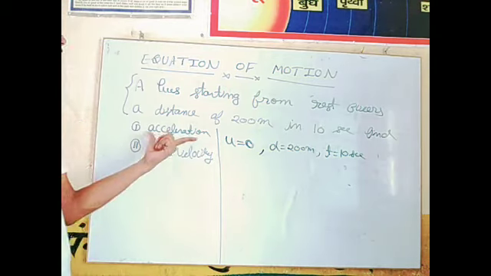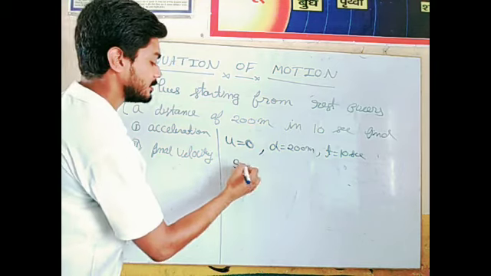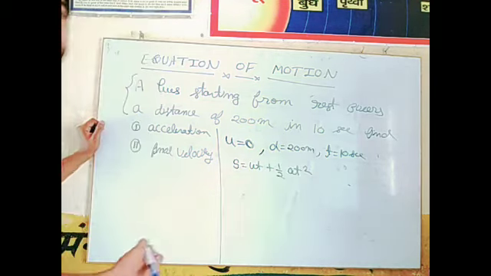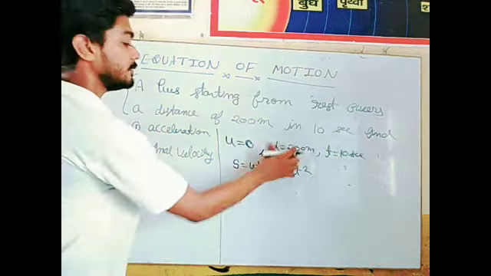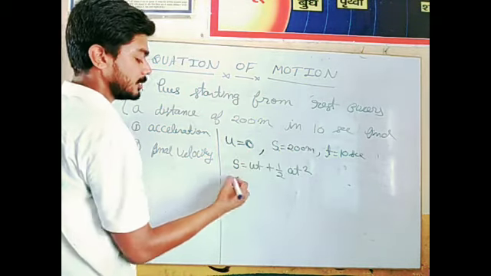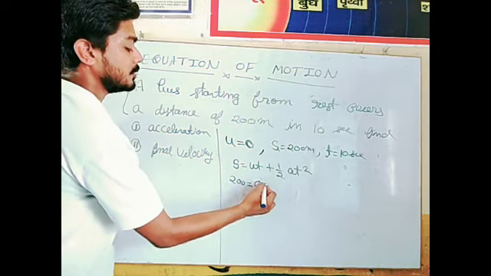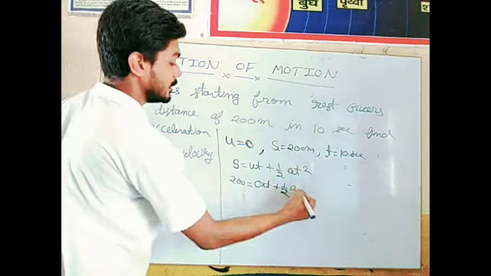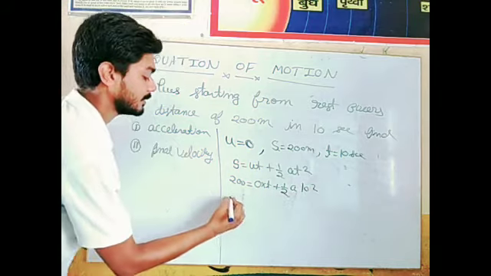Now first we are going to calculate the acceleration. To calculate the acceleration, you can write the formula s is equal to ut plus half at square, where s is 200 meters, the distance or displacement. u, the initial velocity, is 0, multiplied by t, plus half a, which is unknown, and t square, the square of 10.